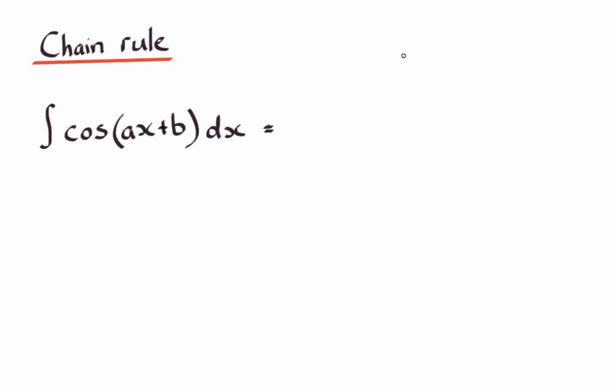So let's say we had y equals sine of 2x. Do you remember what happens with the derivative? In this case, the derivative of the inner function, 2, comes out the front, and then we apply the derivative to the whole thing. So the derivative of sine is cos, and so we'll get cos 2x.